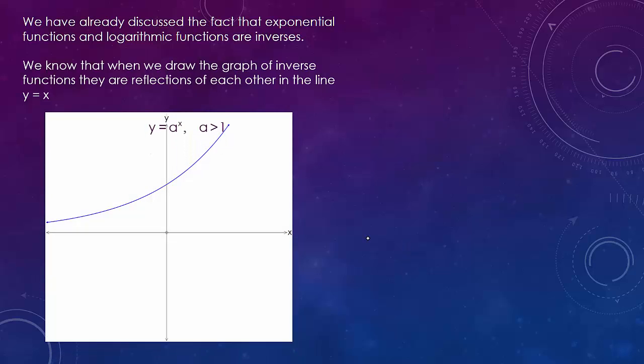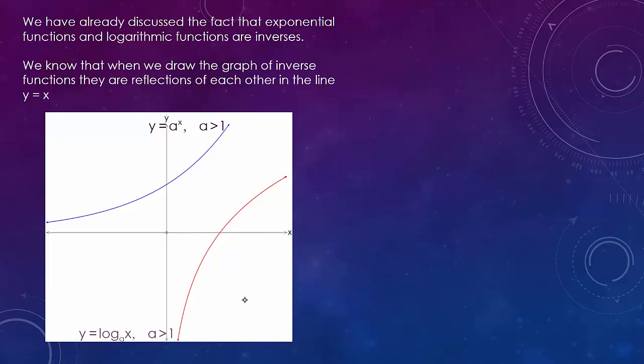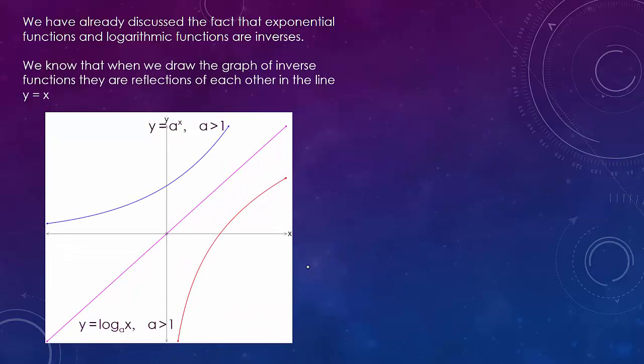So here I have y equals a to the x drawn for a value of a that is more than 1. And the red curve here is a graph of log to the base a of x drawn for a greater than 1. We can see that they are reflections of each other in the line y equals x.